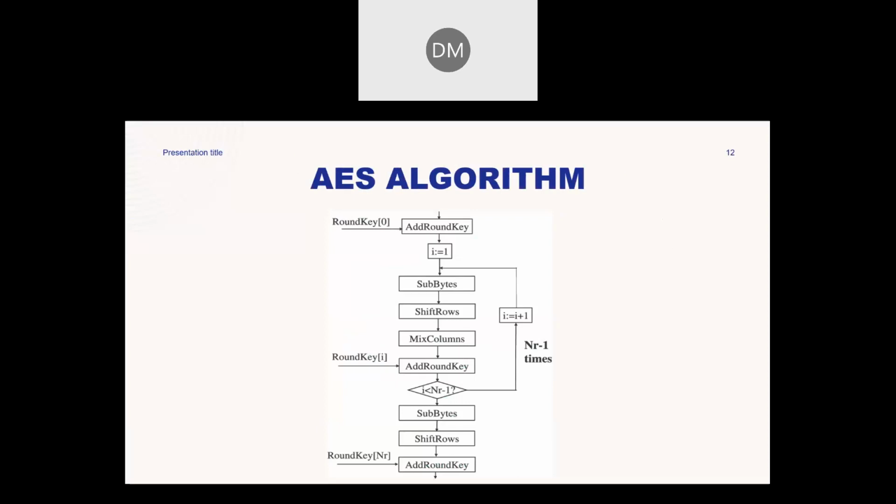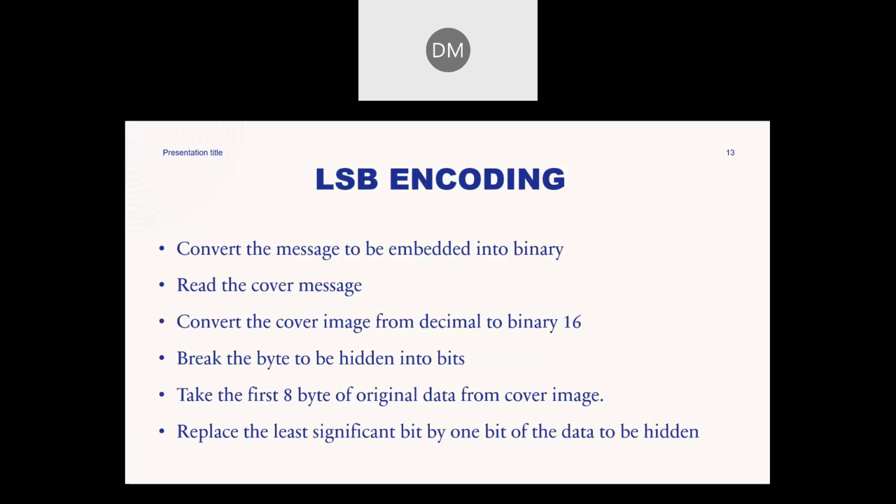Whatever ciphertext we received as output of the Blowfish algorithm will now be input for the AES algorithm. After this, we will end up with ciphertext 2 after AES is applied. And now we are done with two levels of security with the help of cryptography.